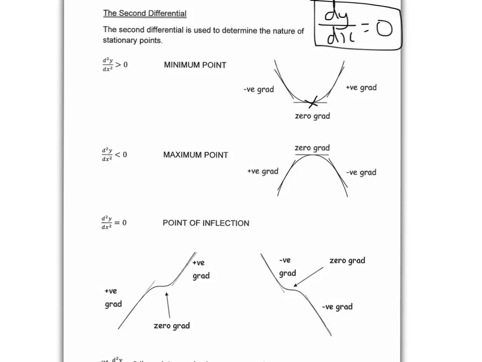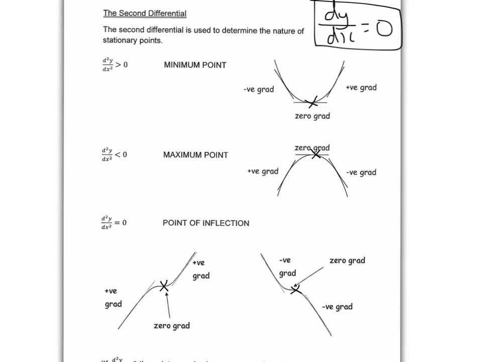If we look at this one here, this one is increasing, it's going up and up and up, and then it reaches this point here where it briefly pauses. That's a turning point or a stationary point, and then it begins to decrease. These turning points are happening when we're changing from a negative to a positive gradient or a positive to a negative gradient.